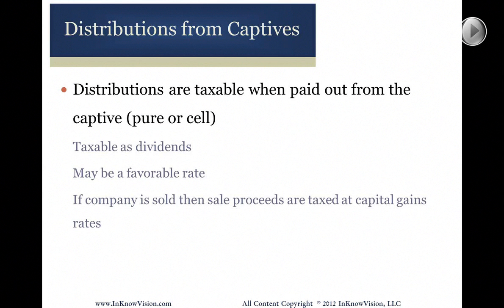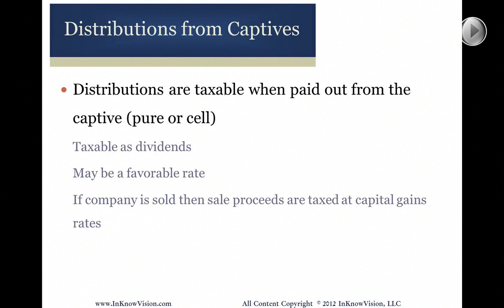There are other ways, by the way, to shelter tax inside of the captive. I've seen people use annuities. I've seen people use life insurance. We tend to stay away from using life insurance in particular. I just have a feeling about using life insurance here.